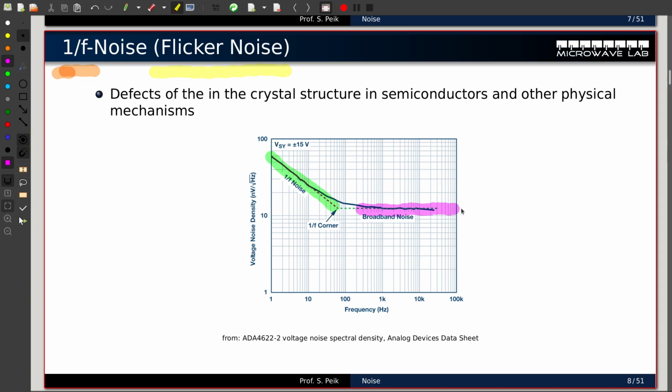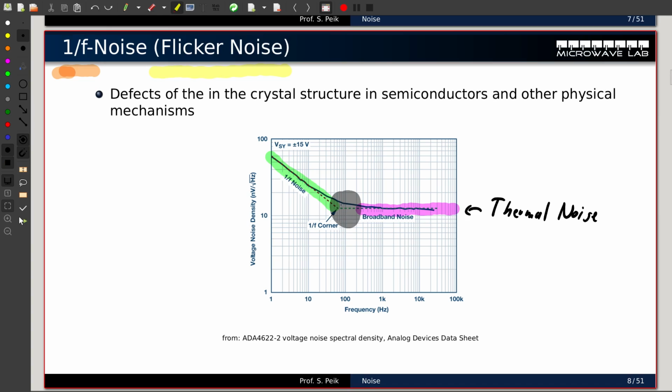They call it here the broadband noise, but this is what I call the thermal noise. So now look at the frequency where the thermal noise becomes a constant noise, at this range here roughly.